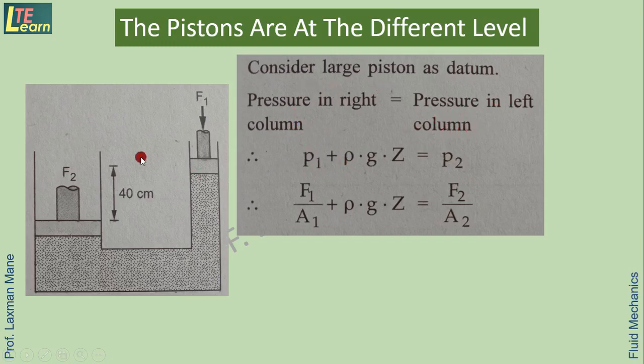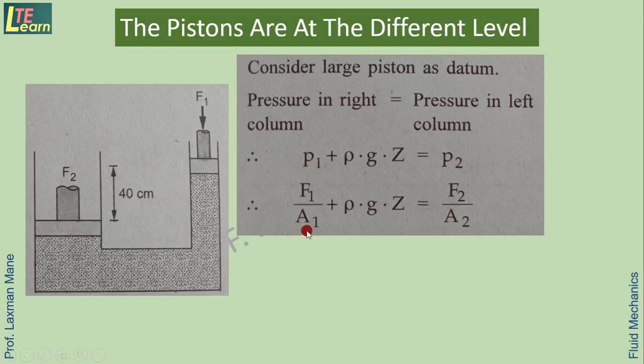In this case the large piston will be taken as the reference line or datum line. For the large piston, the pressure intensity will be P2, which is equal to the pressure intensity at the smaller piston, P1, plus pressure due to liquid height, that is rho g z. Here z is taken for the height difference or level difference.